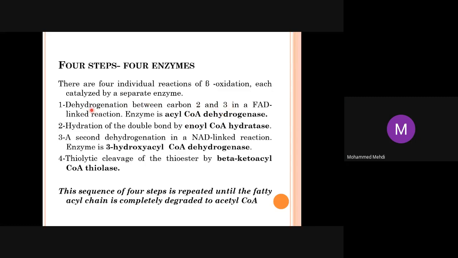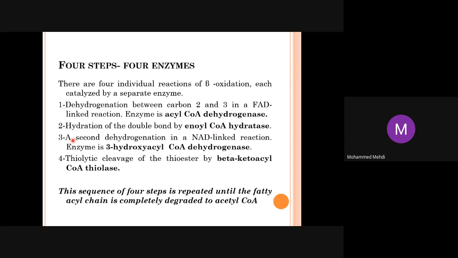This is catalyzed by the acyl-CoA dehydrogenase enzyme. The second enzymatic reaction is hydration. Hydration means addition of water. We add water to the double bond, and it is catalyzed by the enoyl-CoA hydratase enzyme.